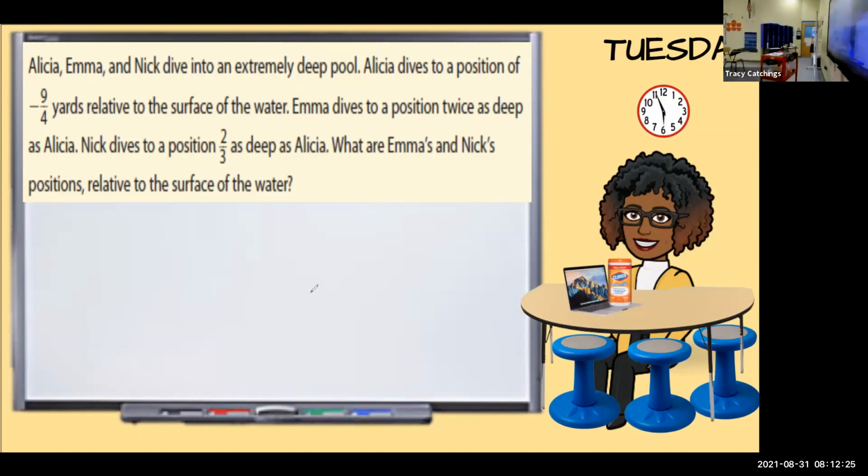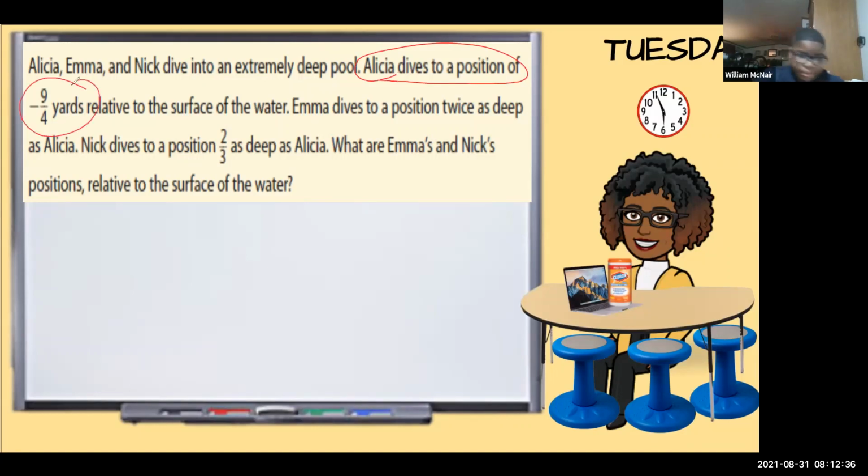All right, fellas, help me out. What are some key words that they gave us in this scenario? Alicia dives to a position of -9.4 yards. All right, we got Alicia. What did they tell us about Emma? She dives twice as deep.